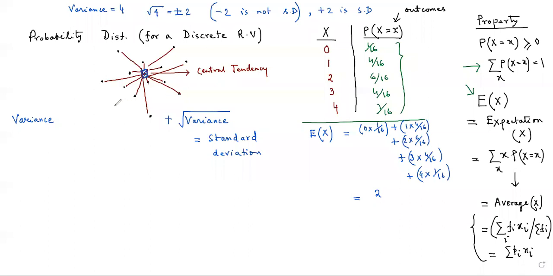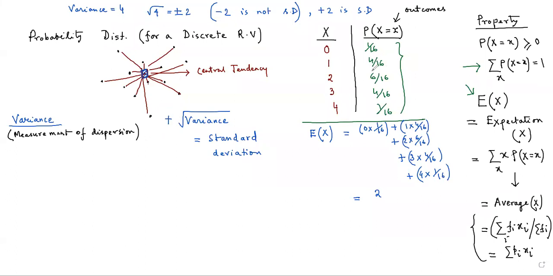Now, variance in statistics is a very important quantity, and it is a measurement of dispersion. Dispersion is synonymous with the term deviation. That means how the values of the chart are scattered, deviated from a given point.